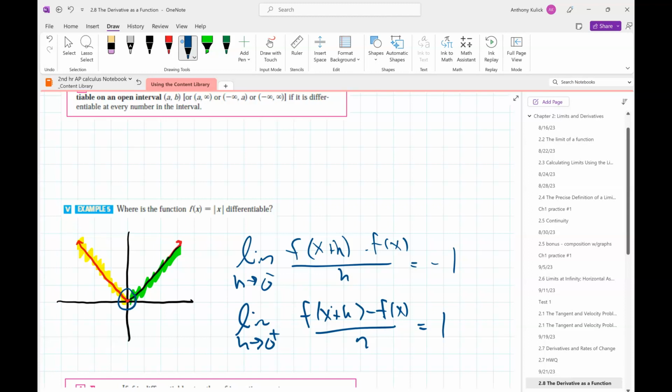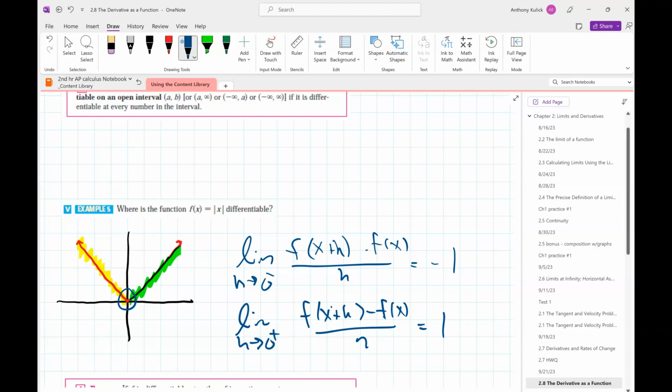So the limit does not exist at that point, hence the derivative does not exist at x equals 0. So what you're looking for is you want to make sure the slope on the right half matches the slope from the left half. That's all I'm looking at. If that doesn't happen, the derivative can't exist there.